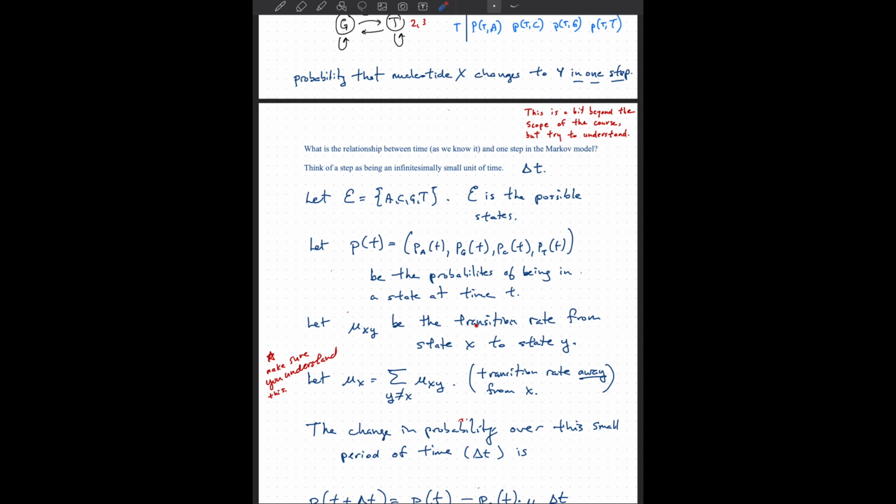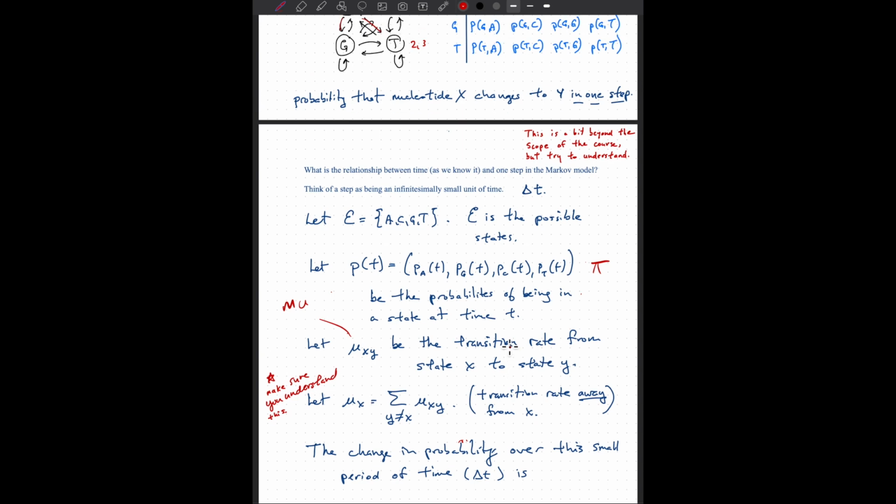But recall that this is basically our vector pi that we all know and love from the previous lectures. Now here, mu sub xy, I should make sure you remember that, just is the transition rate from state x to state y. That's nothing new, right?